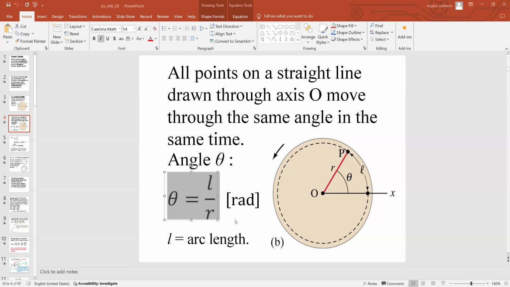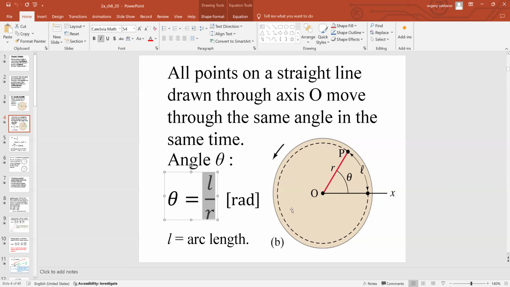So angular parameters are with respect to this change in angular position, and angle is defined as the arc length, that L that you see in the diagram, over the radius, the distance between the axis of rotation and the point on the outer edge of an object.